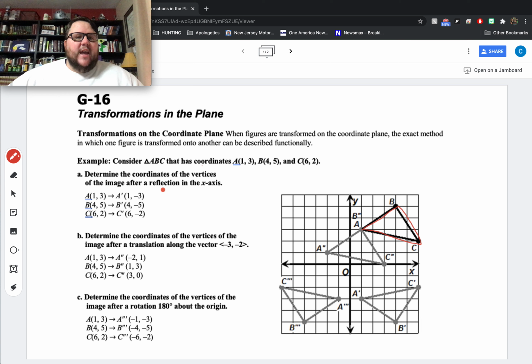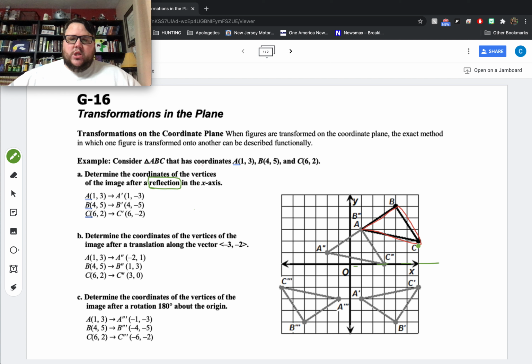So I'm going to do the reflection in green. Remember, here's the x-axis, and the reflection means that the points are going to be the same distance away from the x-axis.